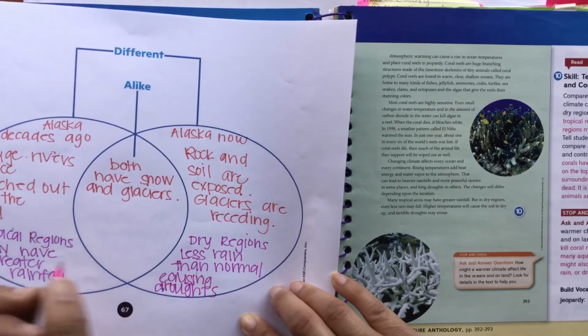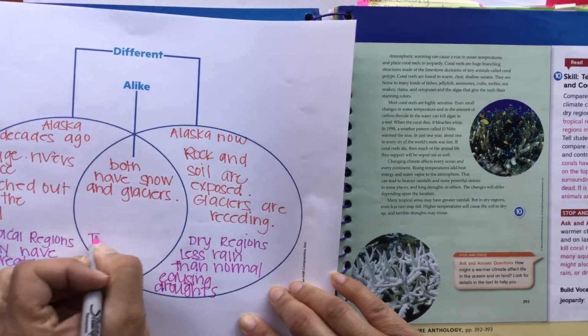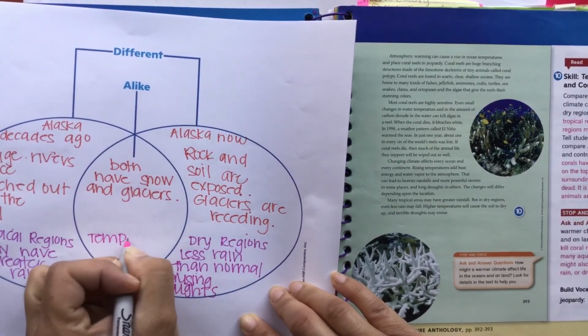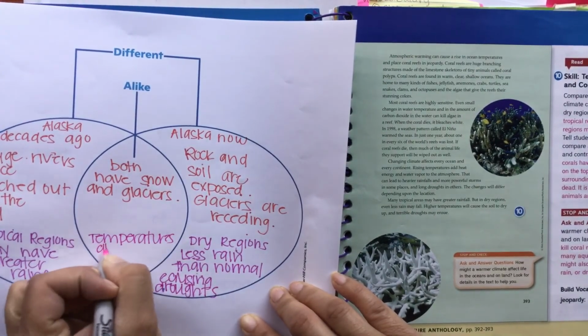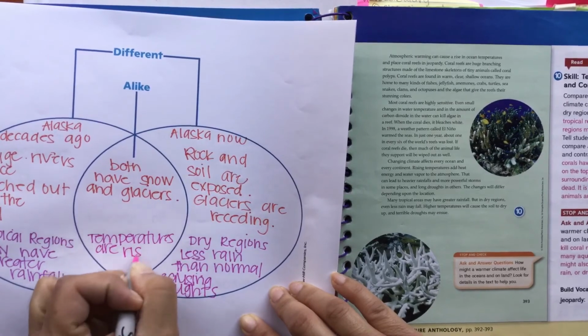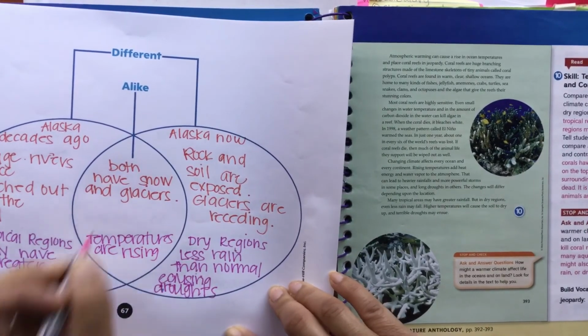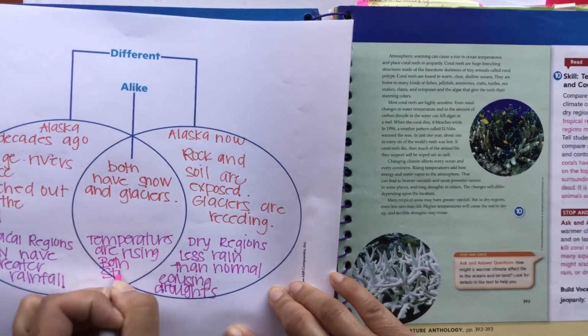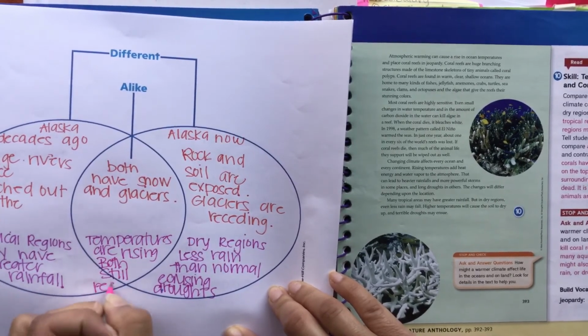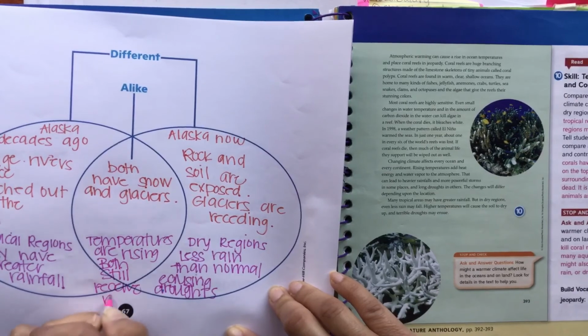And what's going on in both of these areas, how they're alike? Temperatures are rising. And how about both still receive rain?